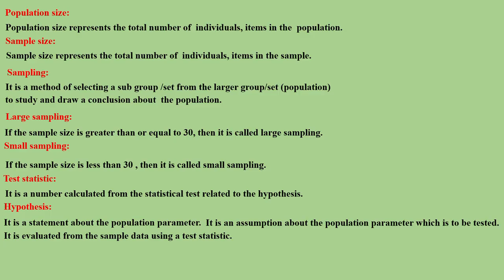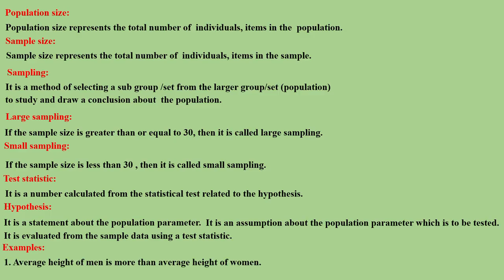Everything they will check, then they nominate this car as number one and that as number two. If you are assuming that this is number one, that is called the parameter. We are going to check this parameter from the sample using the test statistic.